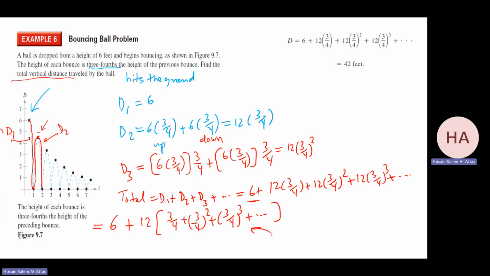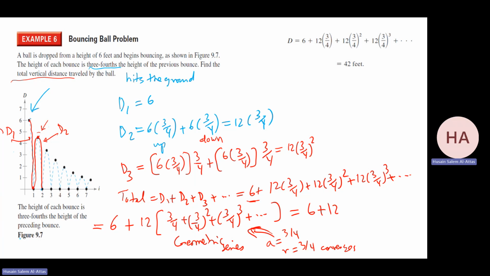This is a geometric series. Well, I have a, the starting point, 3 over 4, and r also 3 over 4. So it converges.